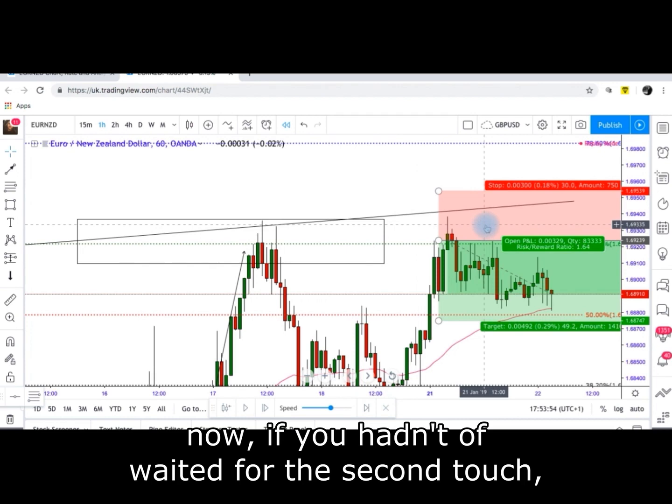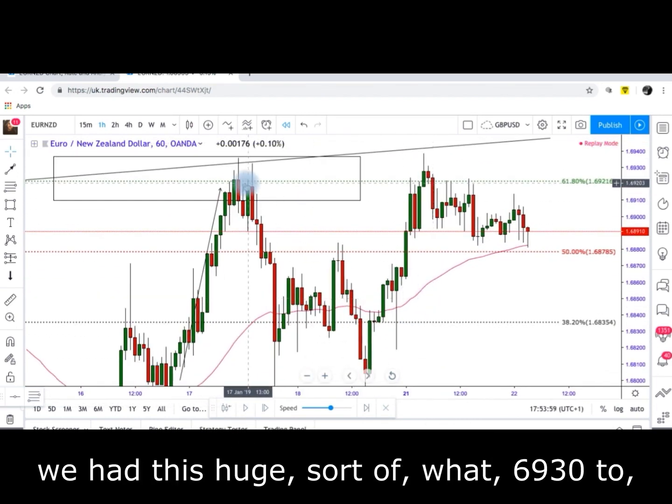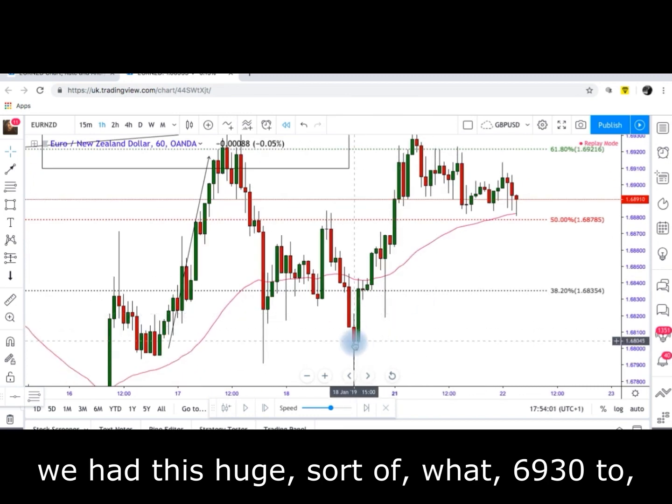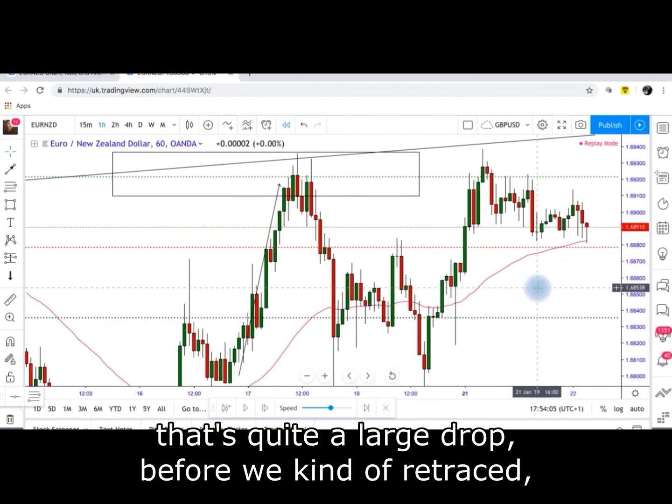Now, if you hadn't waited for the second touch, that's understandable, because after the first touch we had this huge drop, 6930 to, that's quite a large drop before we came and retraced.